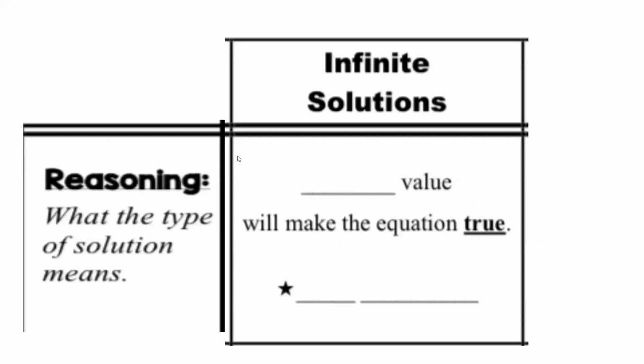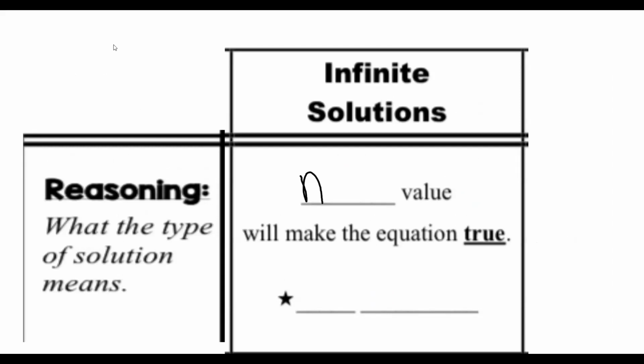Okay, so now we're going to go to the next column. We're talking about infinite solutions, or infinitely many. There is any value that will make the equation true. So any number will make that equation true.